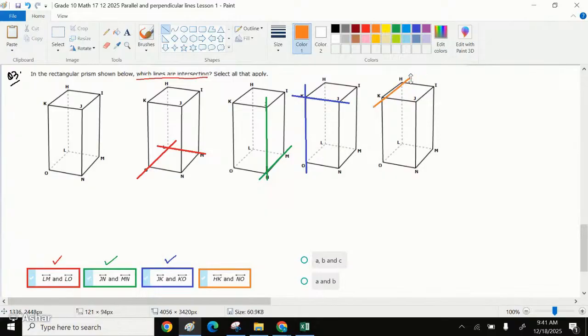HK is this line. And we have NO. No, they do not intersect. Why? Because they are skew lines, right? So that means our final answer is A, B, and C are the correct options.